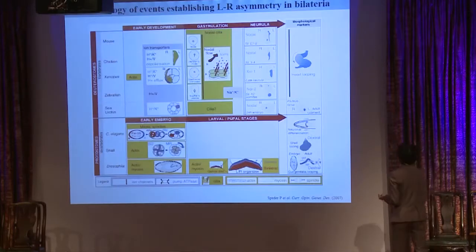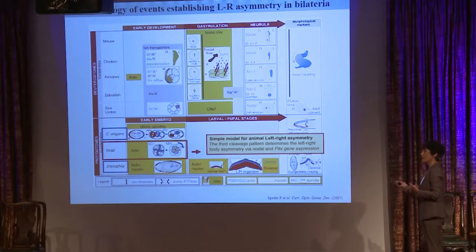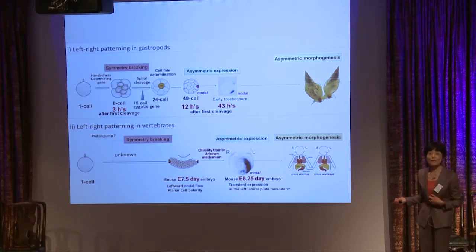So I'm doing this. And there are various, okay, soon I have to stop it. And different species have a different way. But one thing I think is quite nice is, for the vertebrates, human has this. There are some people who have complete mirror image, situs inversus, and nodal gene expressed at 8.25 days, and the cilia started to appear at 7.5 days.